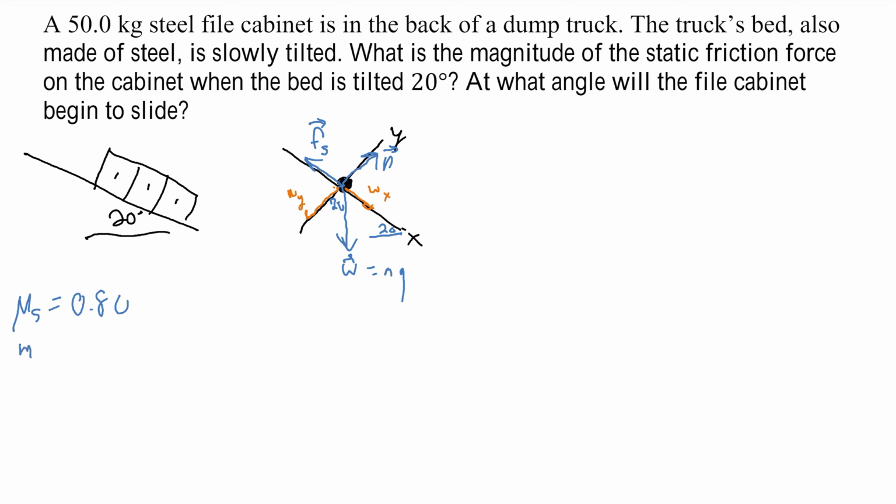We have the mass, 50.0 kilograms. Anything else we know? The angle, it's in the picture. Yeah, we know the angle. Gravity. We know gravity. You don't have to write that down. Okay.